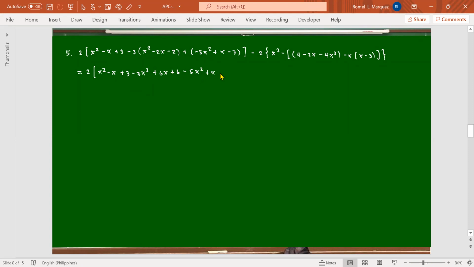Okay? Without changing the sign. Okay, bracket. Minus 2 times. So, x squared minus bracket. Preceded by positive, I can remove immediately the parentheses. Okay, distribute negative x squared plus 3x. Okay, guys? Yes po, sir.